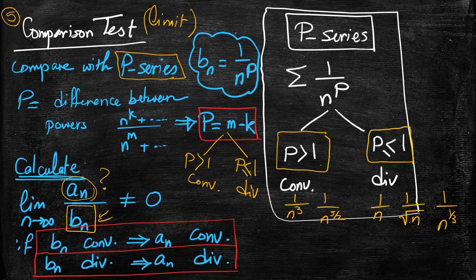If bn is divergent, an will be divergent. A trick we can already understand from the beginning: if the difference between the powers of the denominator and the numerator is greater than 1, our series will be convergent. If the difference is equal to or less than 1, our series will be divergent.